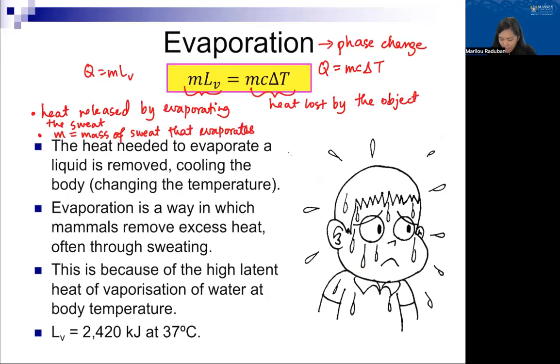And the mass on the right side is the mass of the object whose temperature changes as a result of evaporation. So the masses are different. The mass on the right side, with the delta T, is the mass of the object whose temperature changes as a result of heat loss by evaporation.